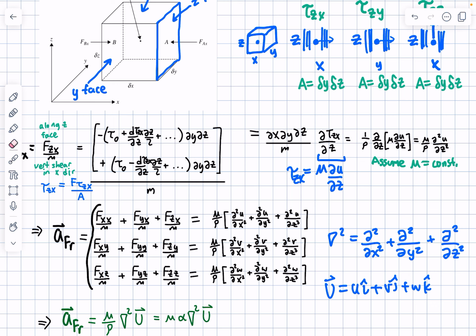And we know through other derivations that tau zx can be defined as mu times the partial u over partial z, so how u changes in the z direction. And mu is the viscosity.